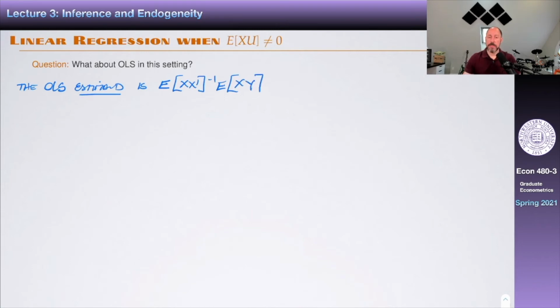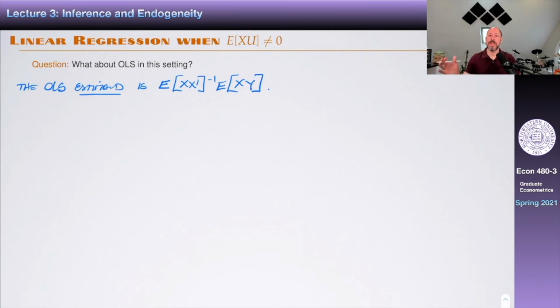What is an estimand? If you haven't been exposed to that word, it's going to be useful as you move into certain types of topics. It is the parameter that an estimator estimates. It's a word they use if you want to define it mathematically as a probability limit of an estimator.